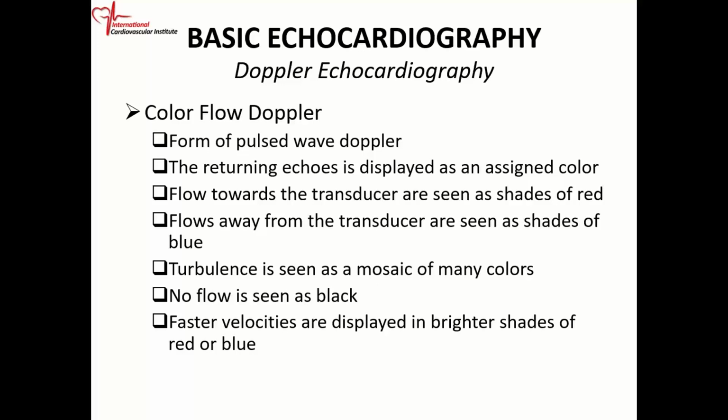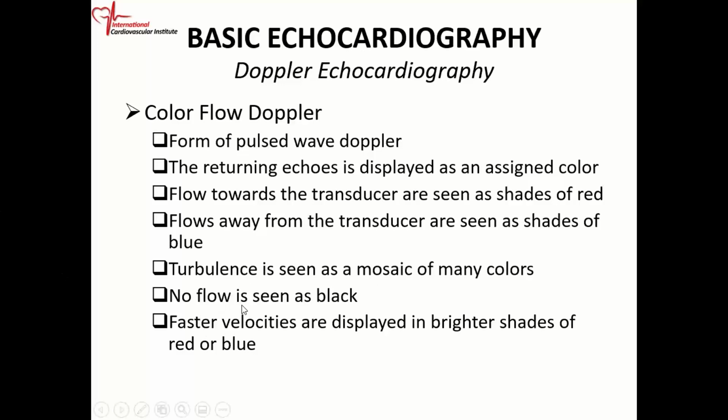Because if there's no obstruction, you're going to get a nice laminar flow. But once you have any type of regurgitation or obstruction, you're going to get turbulence. And when you look at the color, turbulence is seen as a mosaic. That is a mixture of many colors. And once we start looking at the regurgitation, then you'll fully appreciate that.